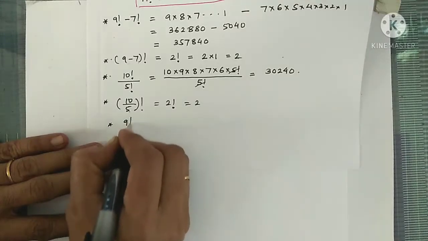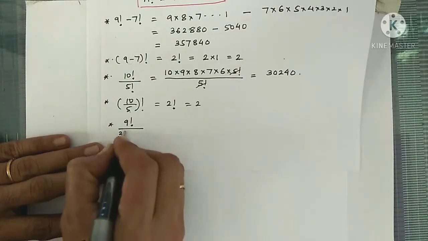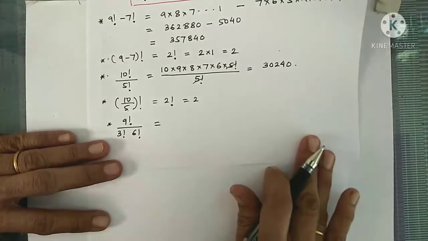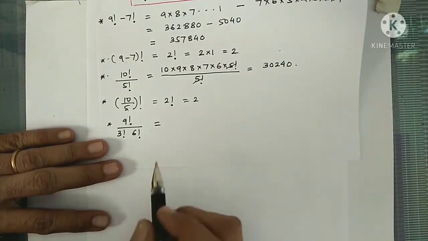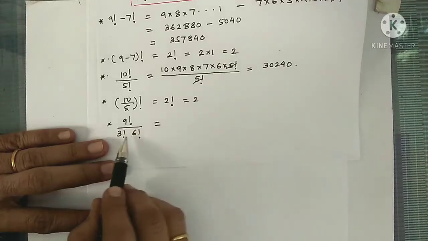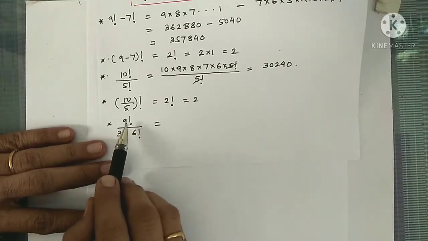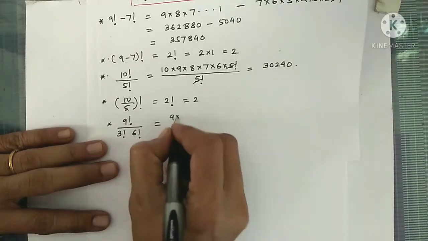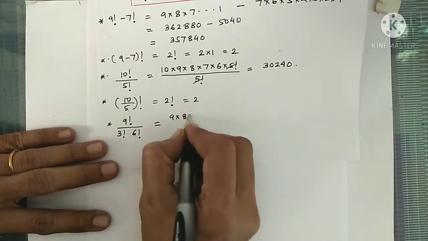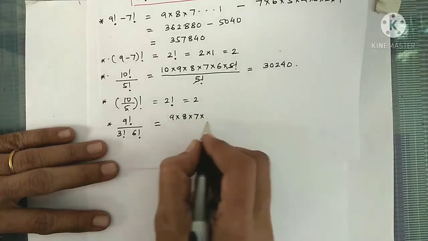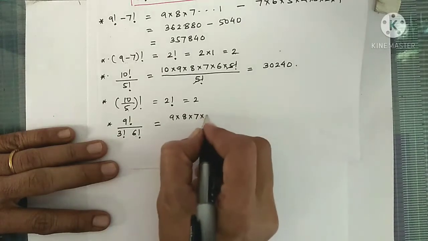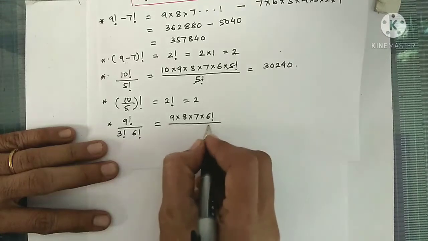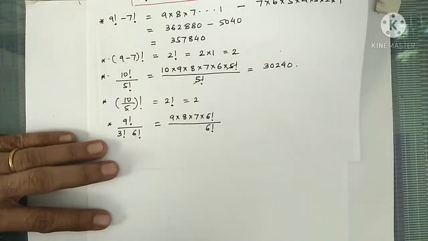Find the value of 9 factorial divided by 3 factorial into 6 factorial. See, whenever we have this quotient, find the biggest number. Here, it is 6. So we can write 9 up to 6 in descending order. When we write this 9 factorial: 9, 8, 7, and the next one is 6 up to 1. And by definition, it is 6 factorial. So writing like this, we can cancel 6 factorial.